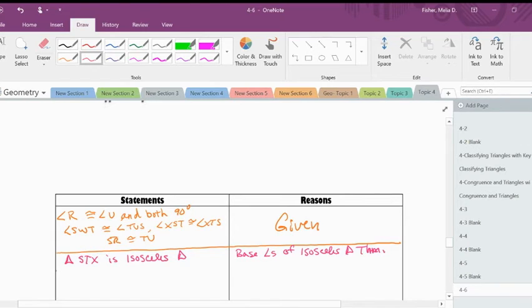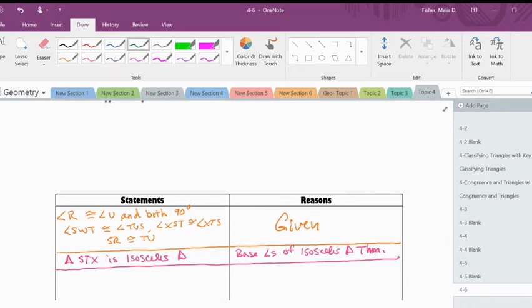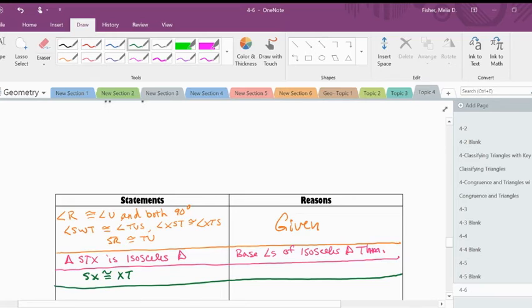THM is an abbreviation for theorem. And because of that, we know that SX is congruent to XT, and that is the definition of isosceles triangle.